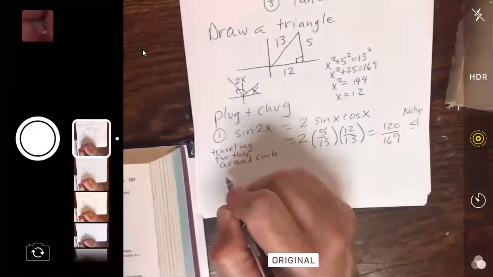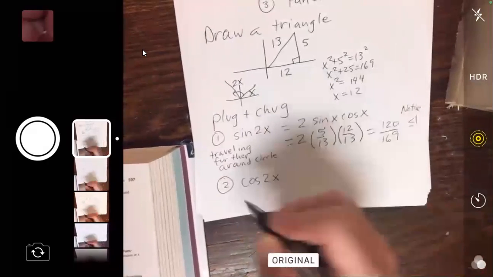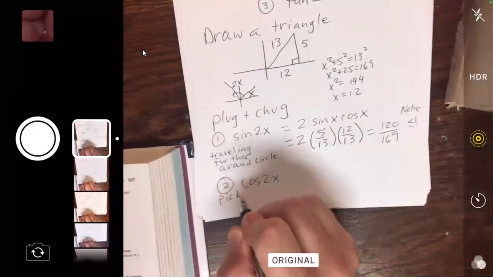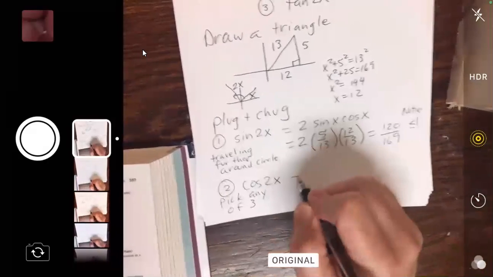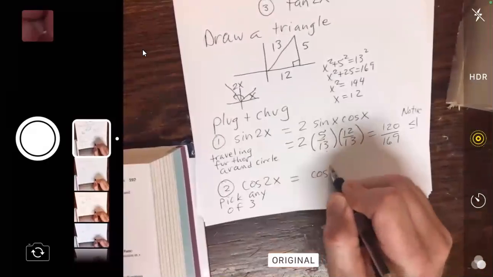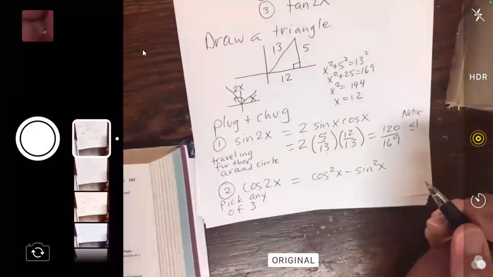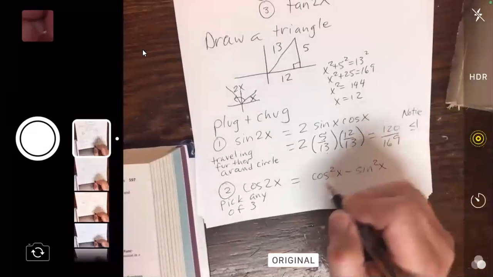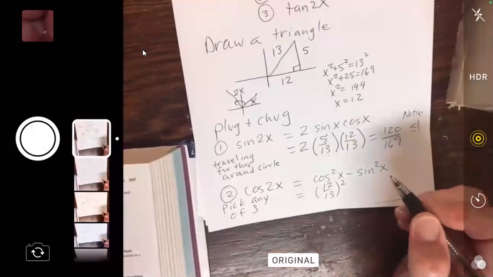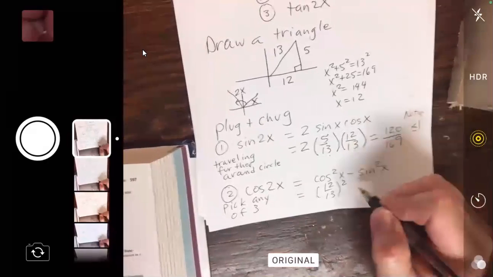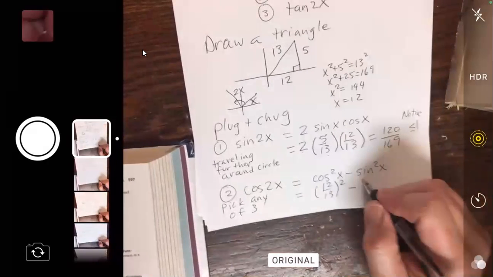All right, number 2, cosine of 2x. And again, I've got 3 versions. I can pick any of the 3. Kind of out of room. I guess I will use cosine squared x minus sine squared x. Well, I already know cosine x is 12/13, and sine x was given as 5/13.